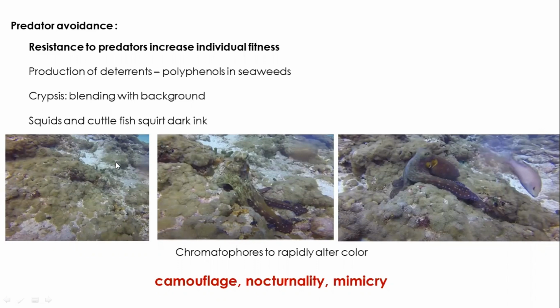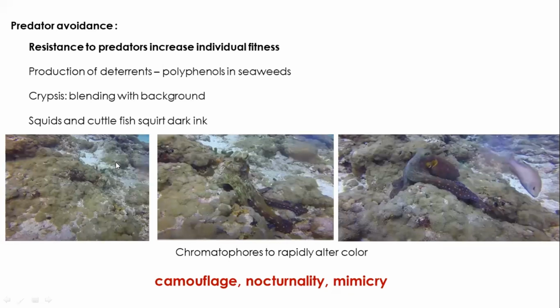As I said, in an evolutionary concept, all the processes which improve fitness will be selected. So the prey will also have developed some sort of adaptations in order to avoid the predators.